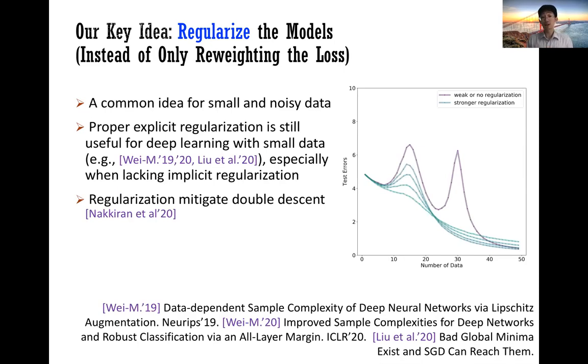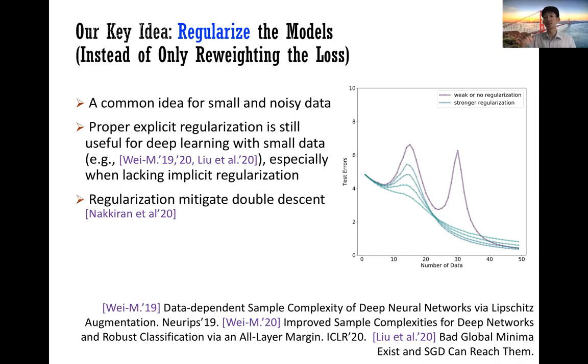Also, regularization can mitigate the so-called double descent phenomenon, which maybe some of you have heard of. The double descent phenomenon means that if you plot the test error against the number of data points you have, then you can see that it's not monotone; it's not true that more data is always better.